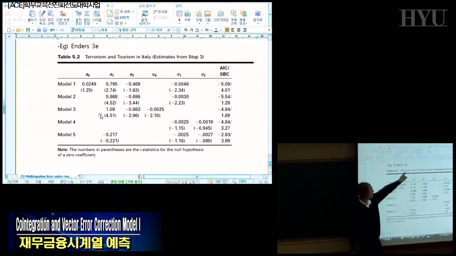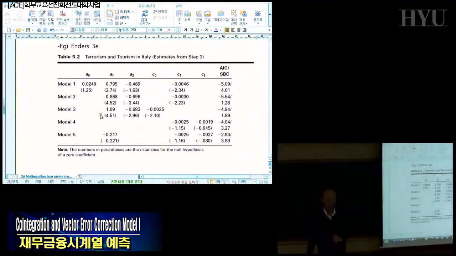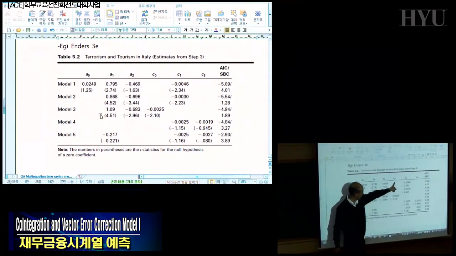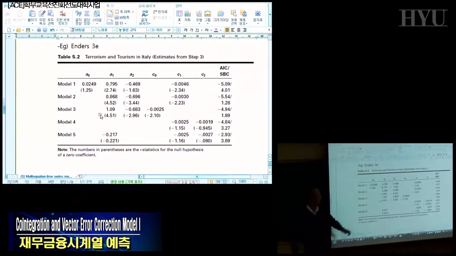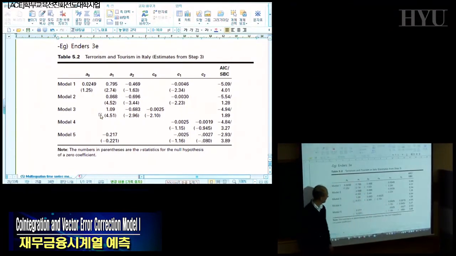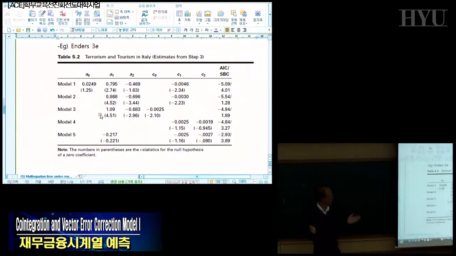Is terrorism a good leading indicator of tourism? Well, it appears to be, because in many specifications these are 0, right? Only lag 1 and lag 2, right? Numbers in parentheses are t-values.